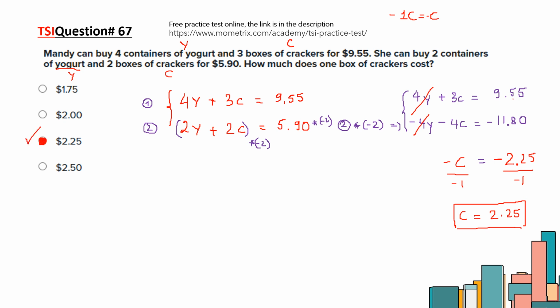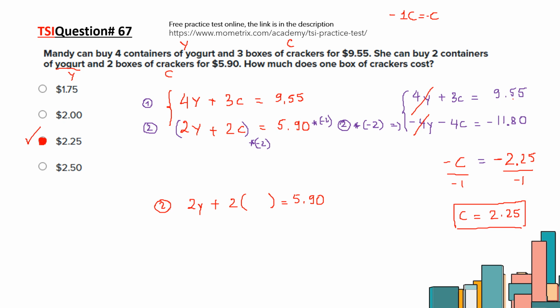With the same question, they may ask you how much one container of yogurt costs. What we do, we can do the same thing. We just plug in. Let's choose equation number 2 to plug in. You have 2y and 2c, and c you have it, so make it a parenthesis, equals 5.90.